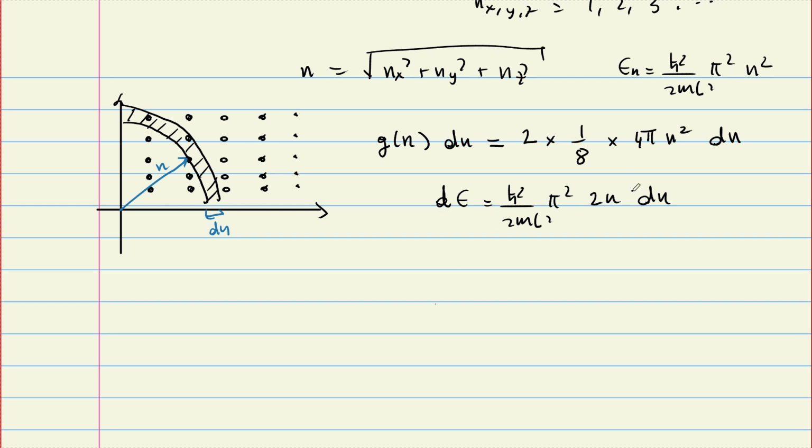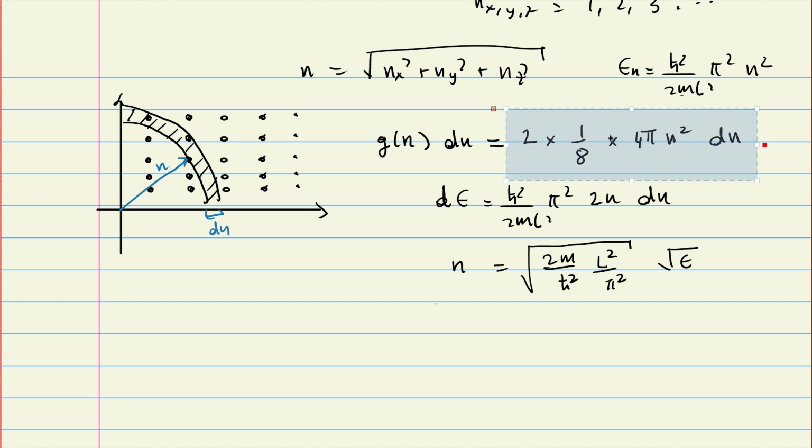I can also write n in terms of E. This is going to be the root of 2m over h bar squared, L squared over pi squared, times the root of energy.